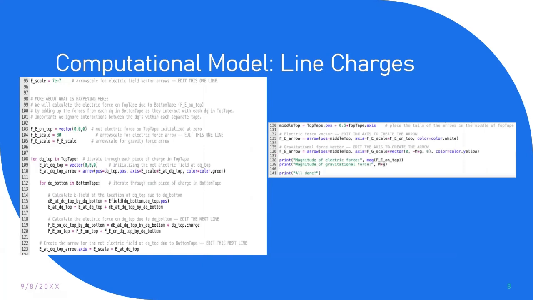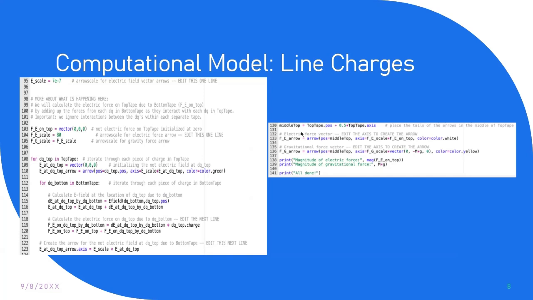So moving on more towards the code, we calculate the electric force and the electric field of the top tape due to the bottom tape. We do this by iterating through each piece of charge in the bottom tape and summing up those forces and fields.